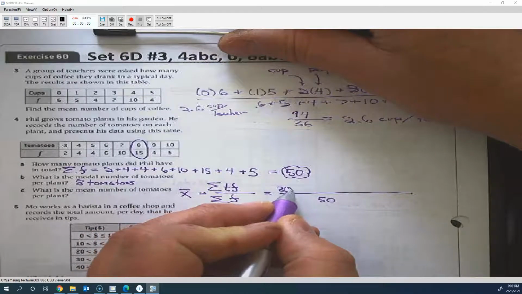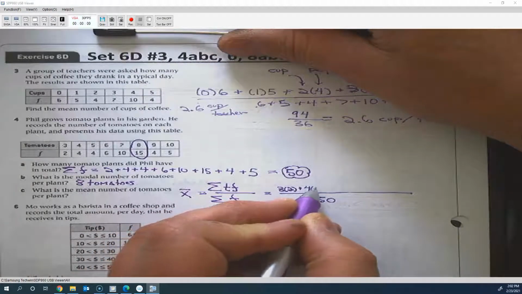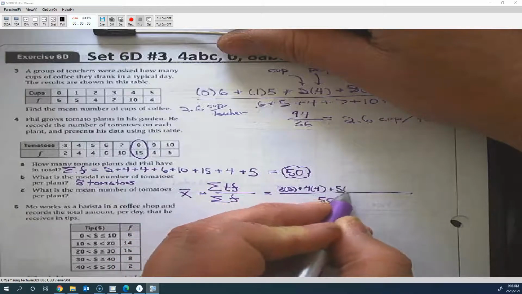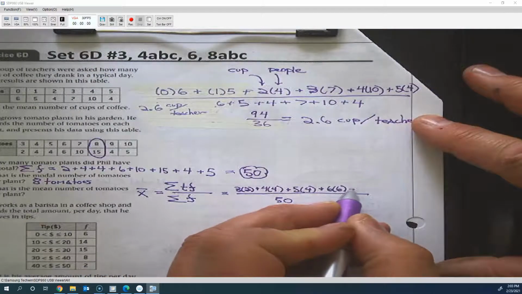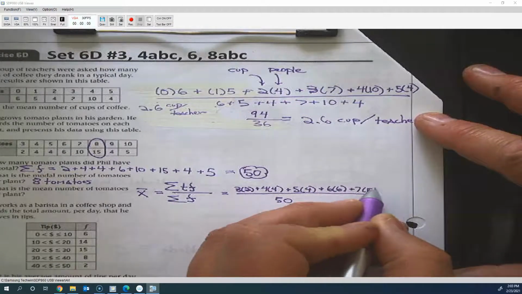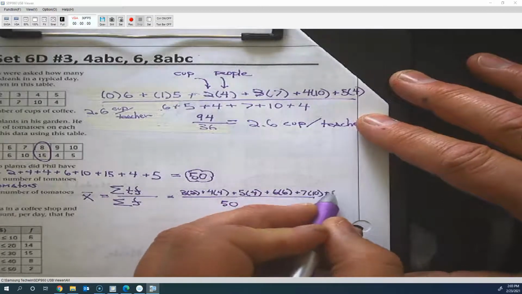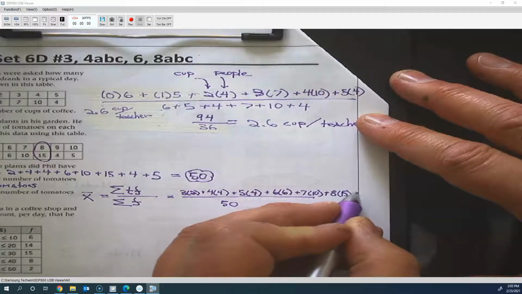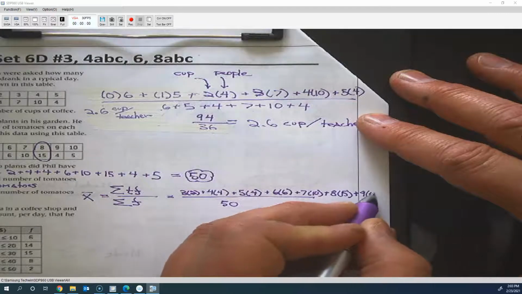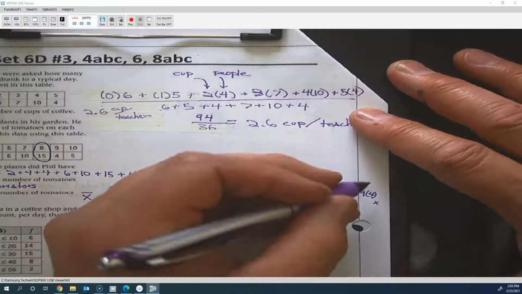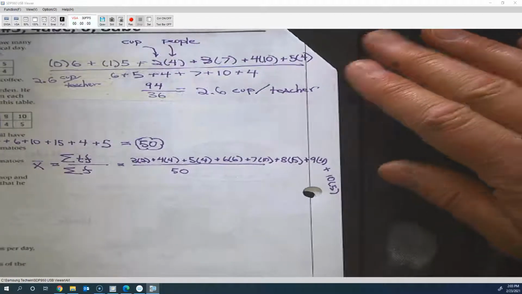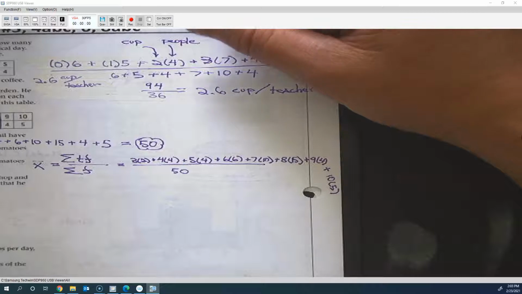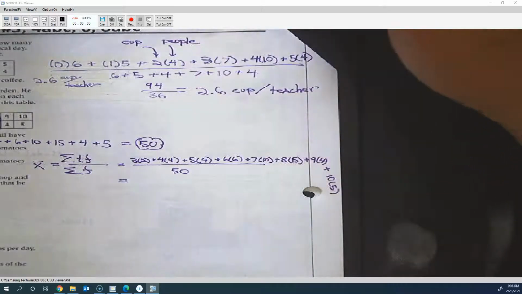So 3 times 2 plus... ran out of space there. So now you have to multiply all those out and add them up.